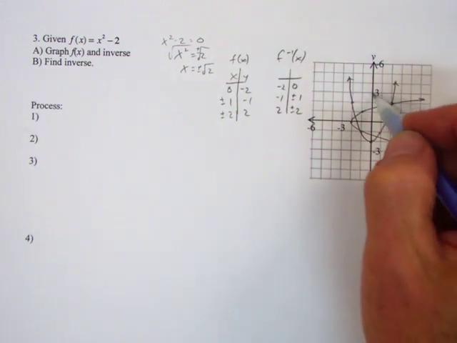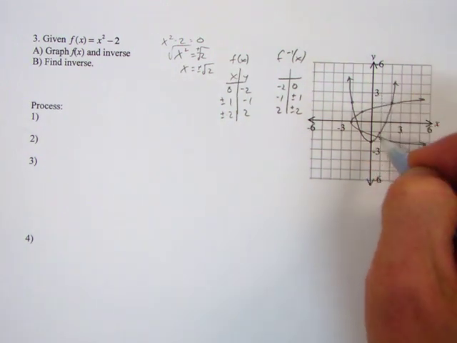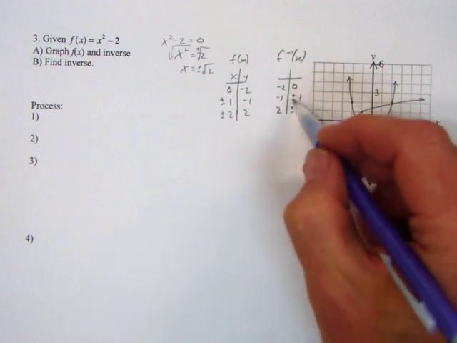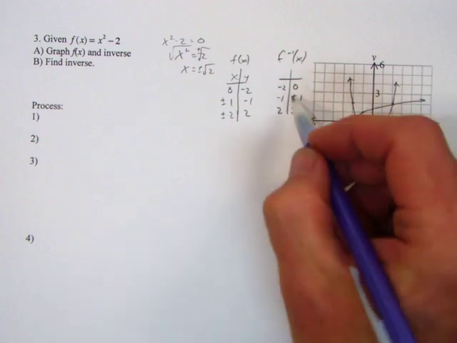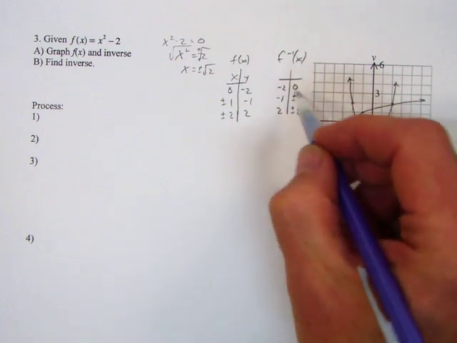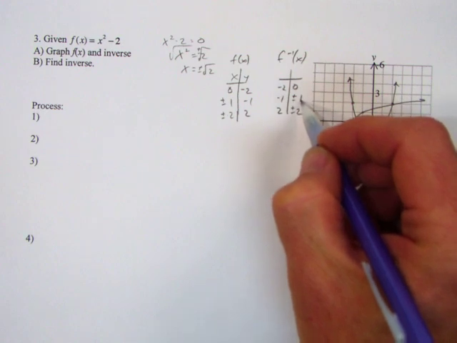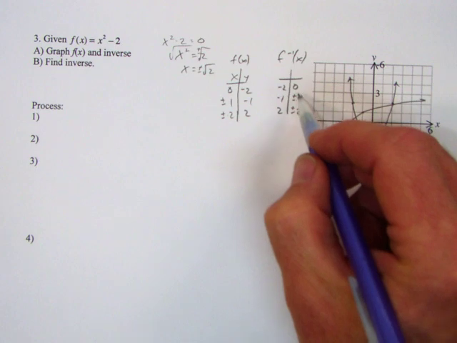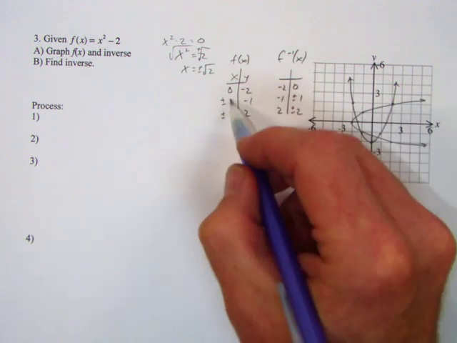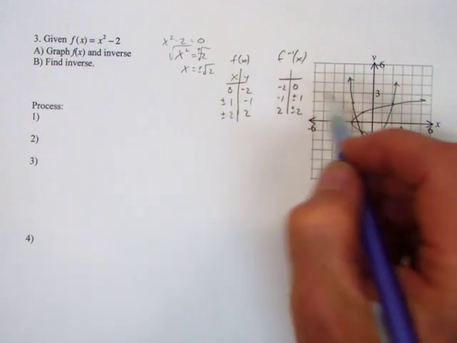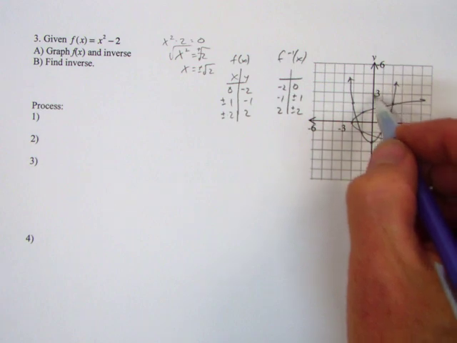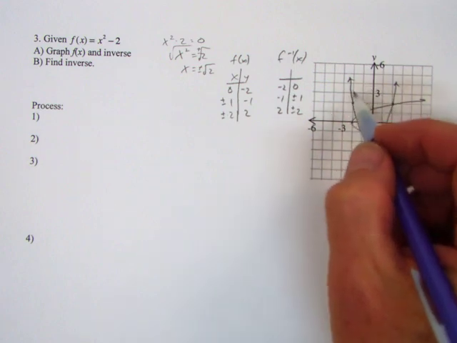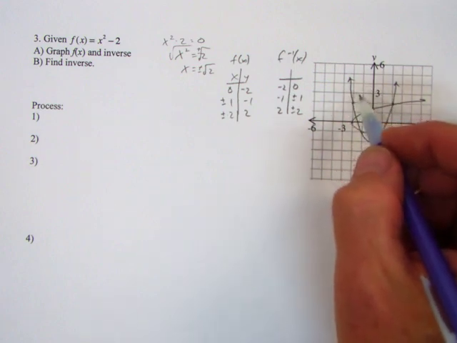Notice how even when I wrote this chart, I put negative 1 and two different values for the y. I only want one of these for the original one. In other words, I want to cut off half of the graph.